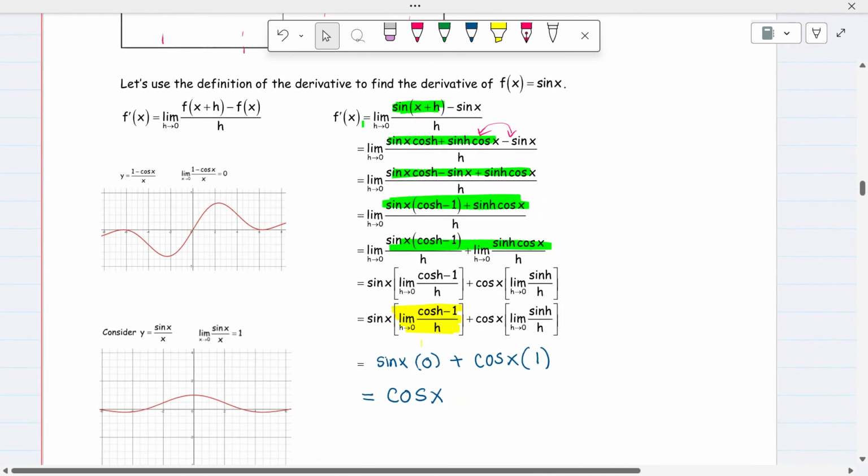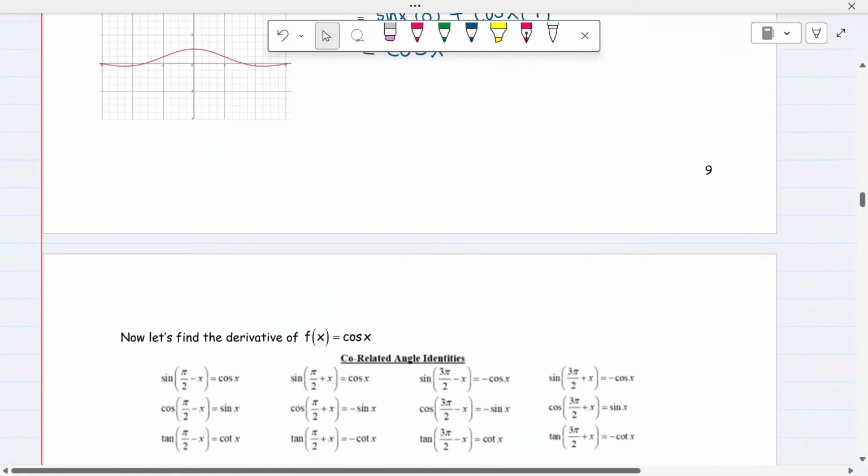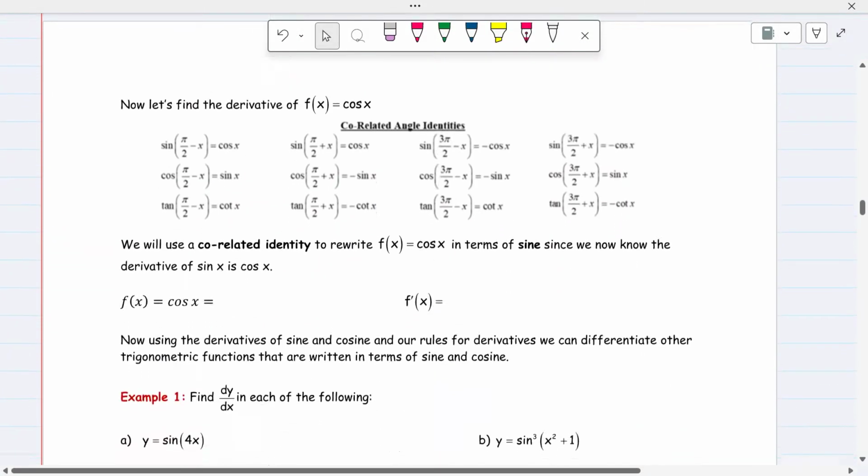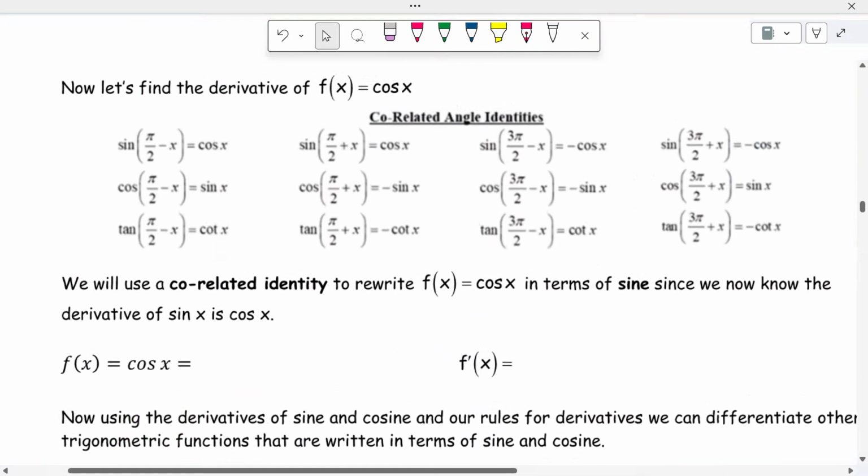So we're going to use that knowledge now to find the derivative of cos x, right? So flip to your next page. All right, so we're going to find the derivative of cos x. So we'll use a correlated identity to rewrite f of x equals cos x in terms of sine, since we know the derivative of sine x is cos x, okay?